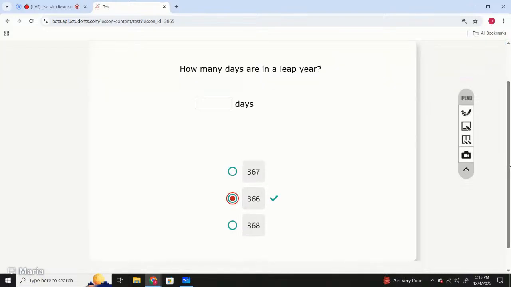So in a leap year there are 366 days. How many years are in a millennium? 1000 years. Option number 2 is the correct option.